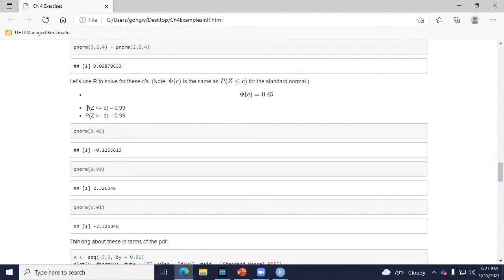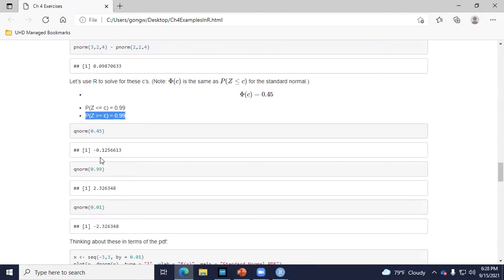For this one, the probability of Z less than or equal to C equals 0.99. Again, this is the CDF for the standard normal, since it's less than or equal to. So we can just do qnorm for 0.99 and find the corresponding value C. But this one is a bit tricky, because it's the opposite of your CDF.